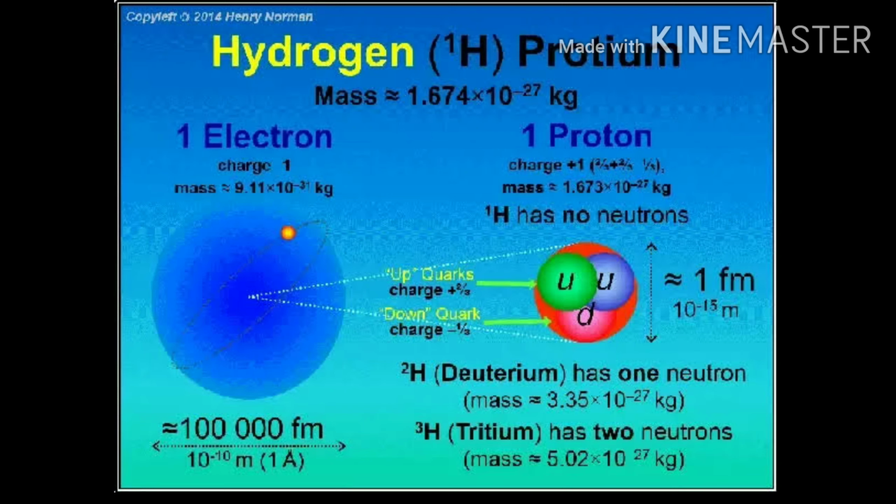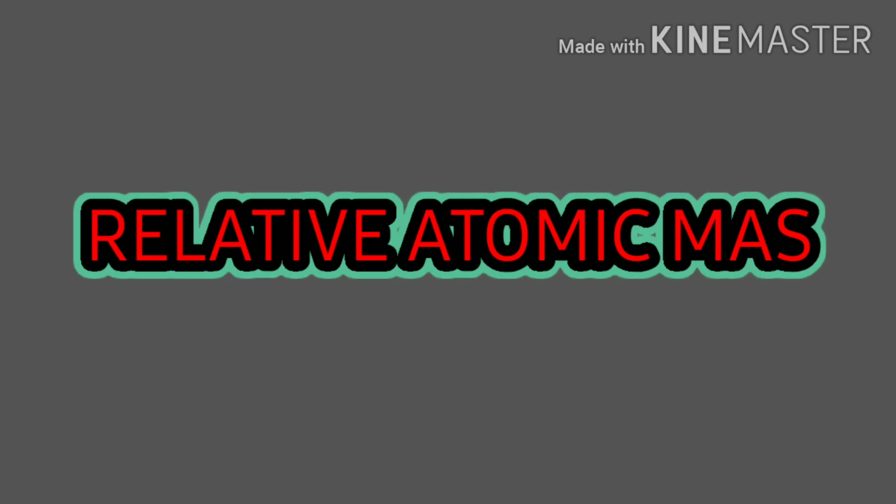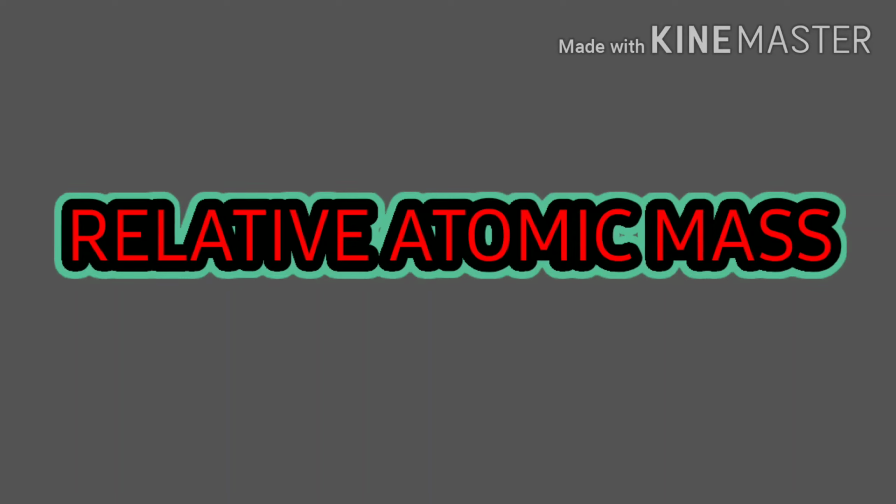So we compare the mass of different elements with one particular element. That's why we never calculate the mass of an atom; we always calculate the relative atomic mass. This relative atomic mass is also known as atomic weight.